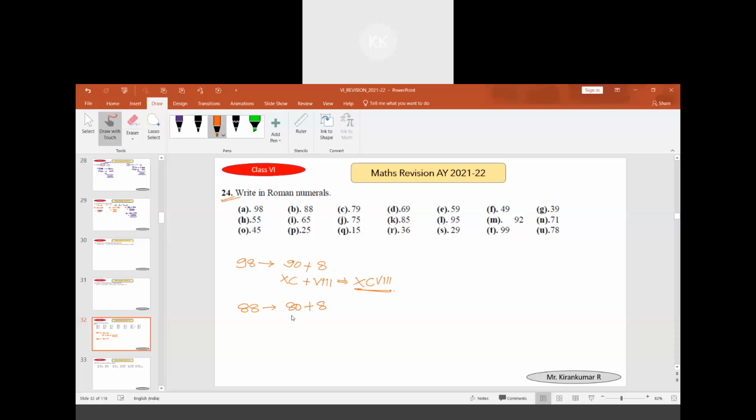How to make 80? L is 50, plus XXX. So L, XXX, plus 8, VIII. So LXXXVIII.